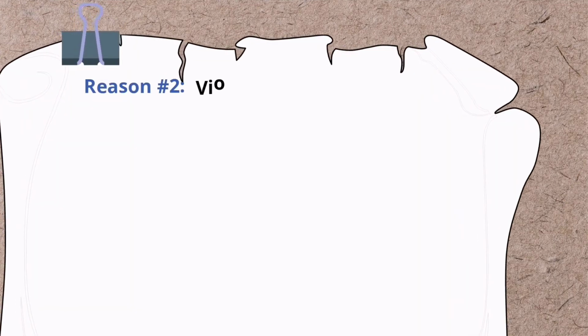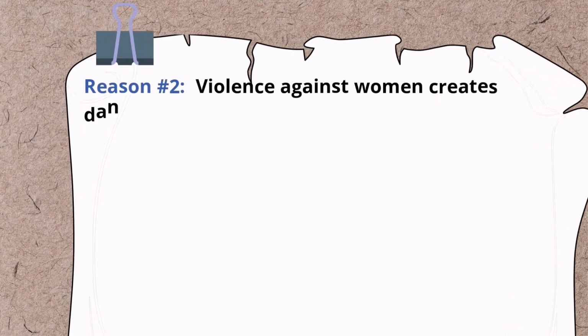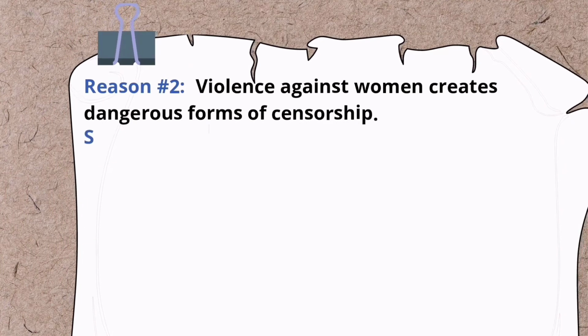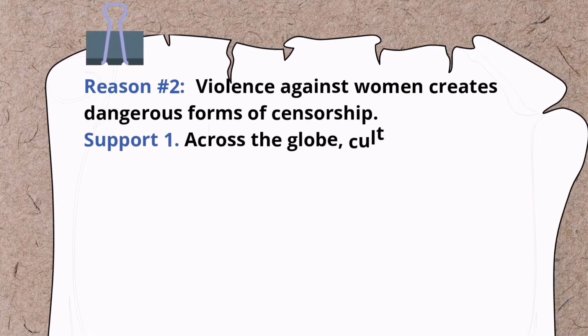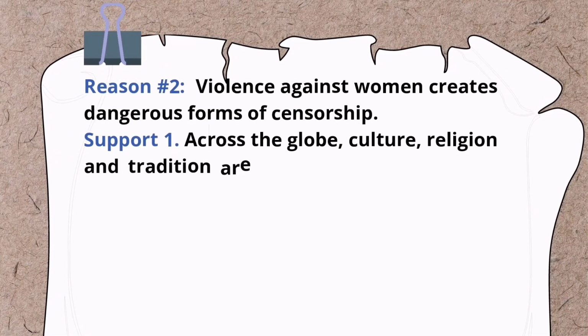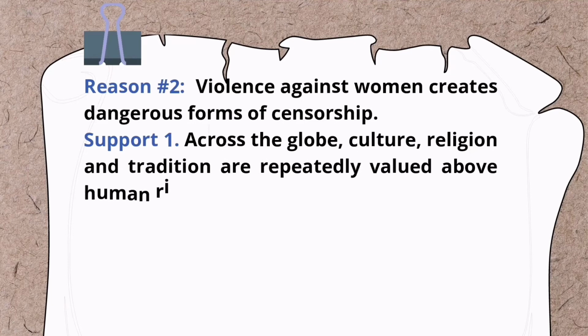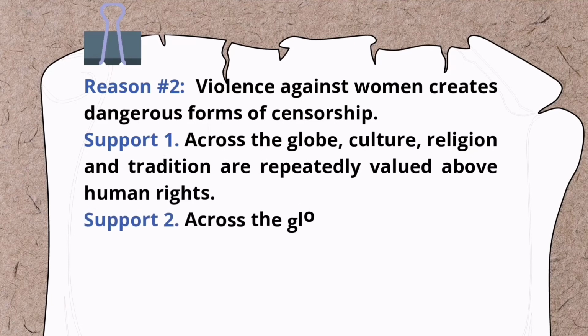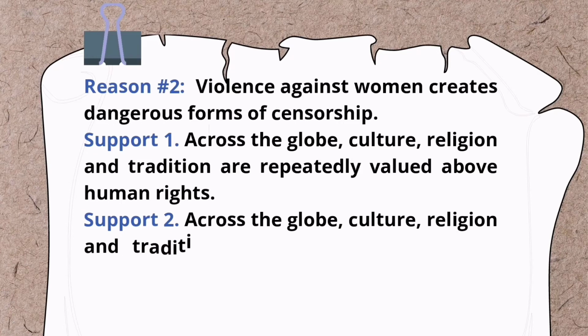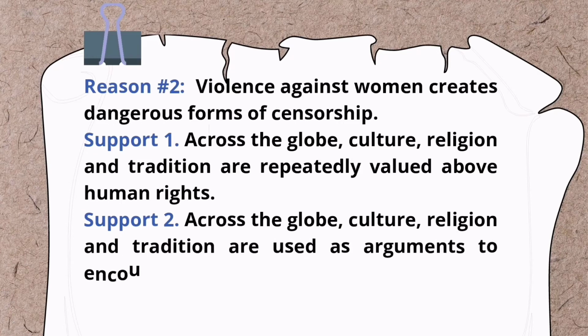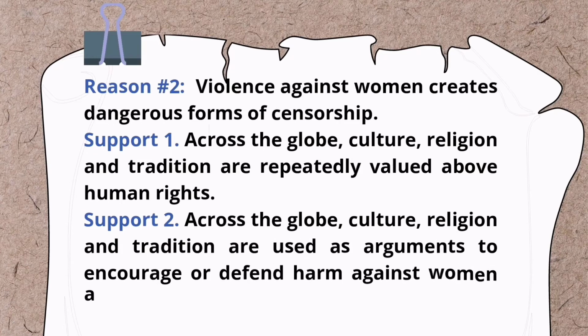Reason number 2. Violence against women creates dangerous forms of censorship. And the supporting statements, across the globe, culture, religion, and tradition are repeatedly valued above human rights. And across the globe, culture, religion, and tradition are used as arguments to encourage or defend harm against women and girls.